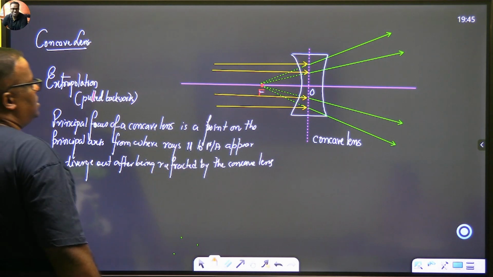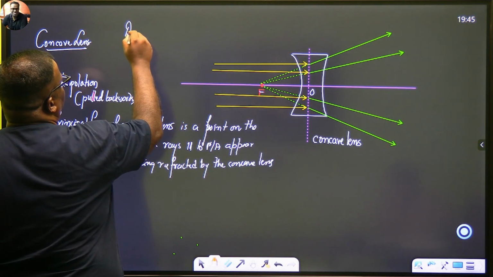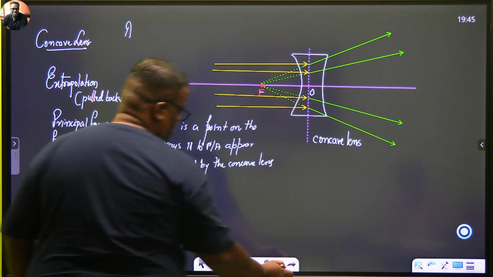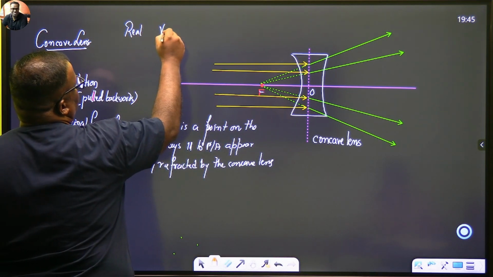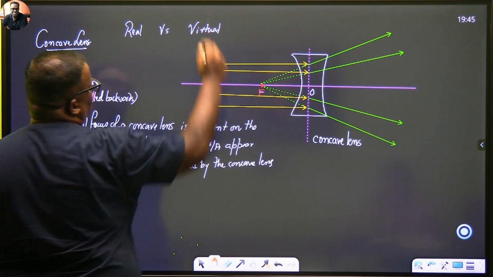But what is interesting is, here we will use two more things. One is called, in optics, two more words will run: real versus virtual. You must have learned this in mirrors also, but we will again see here.